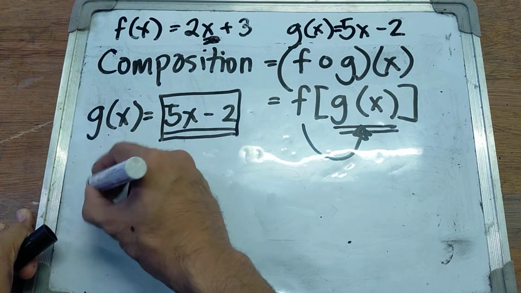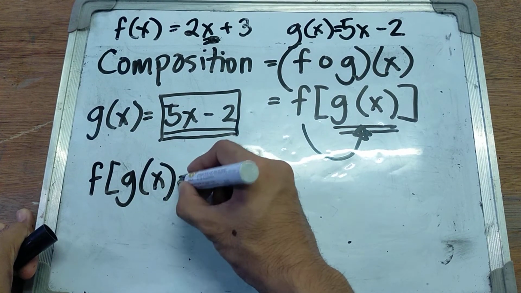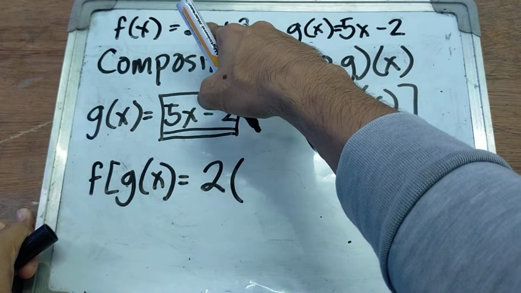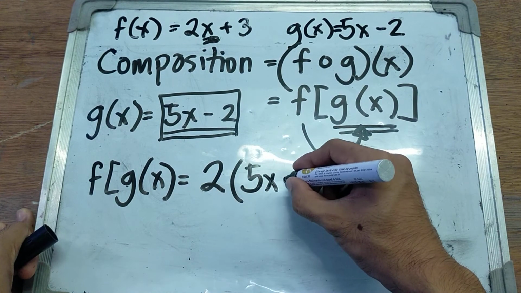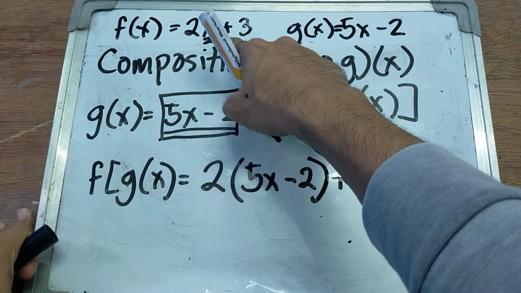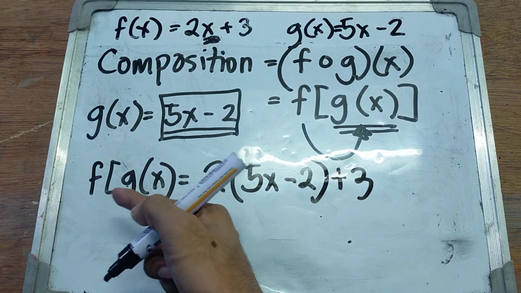So, if we are going to solve for the f of g of x, we have 2 times, instead of x, ang ipapalit ko ay yung 5x minus 2 and then plus 3, which is nanggaling dito. So, ito ang interpretation ni f of g of x.